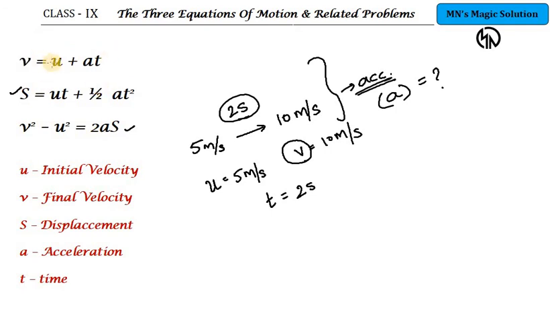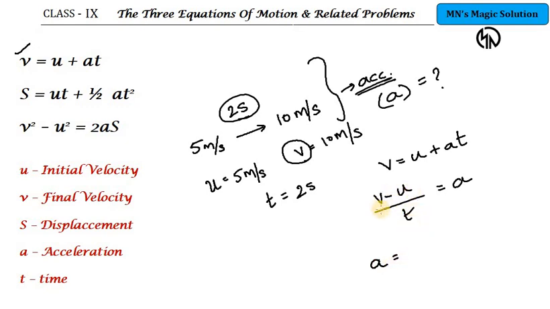Which is it? The first one. v is equal to u plus at. Applying this, if I take u to the other side, v minus u divided by t will give you a. So the formula for acceleration here is v minus u divided by t.